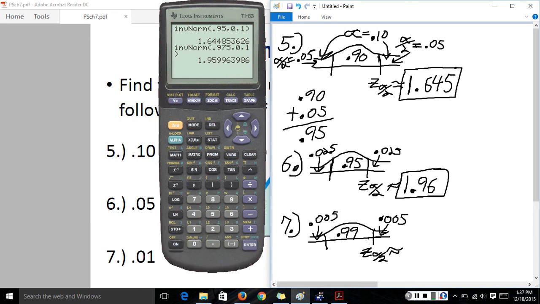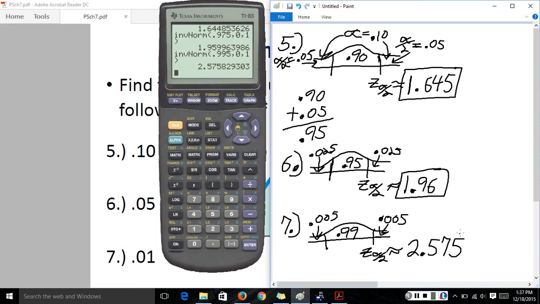Right, total area to the left of that z-score is 0.99 plus 0.005. So second vars, inverse norm, 0.995, comma 0, comma 1. I press enter, and there is my critical value. For reasons that'll be clear later, I'm going to round that to 3 places, but I'm actually going to incorrectly round it and do 2.575. And I'll show you why I'm going to do that here in a moment.